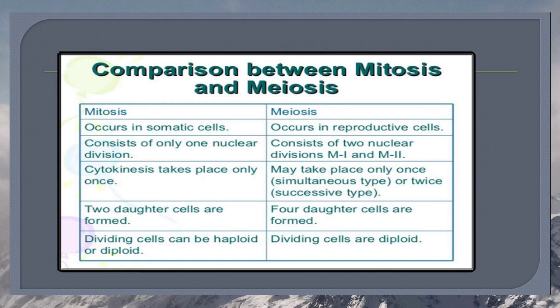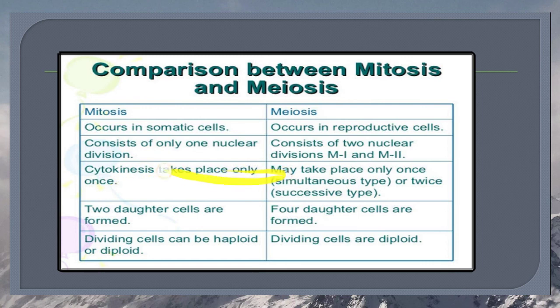Now, comparison between mitosis and meiosis. Mitosis takes place in somatic cells, but meiosis takes place in reproductive cells. Mitosis consists of only one nuclear division, while meiosis consists of two nuclear divisions, meiosis 1 and meiosis 2.